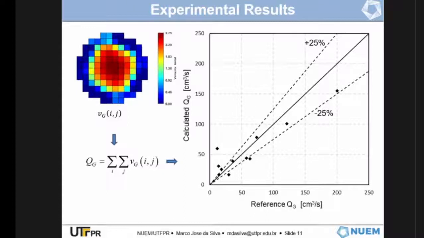If I integrate that over the cross-section, I get the reference flow rates, which of course are still quite far away from being ideal, but it gives me the confidence that we can keep doing our research in that direction, because online measurement of flow rate in two-phase flows is quite a difficult thing, and this seems to be a rather simple way to do such measurements, at least for the gas phase.